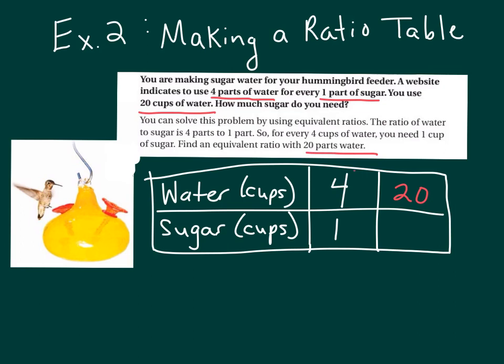One way I know to get from 4 to 20 is to multiply by 5. And I do have to keep things equal because that's what equivalent means. So if I multiply that top amount by 5, then I've got to do the same to the bottom, which would give me 5. So this would mean that you need 5 cups of sugar in order to make the ratio correct for the hummingbird feeder.